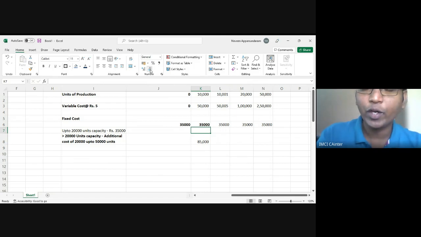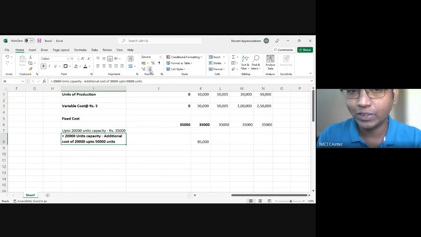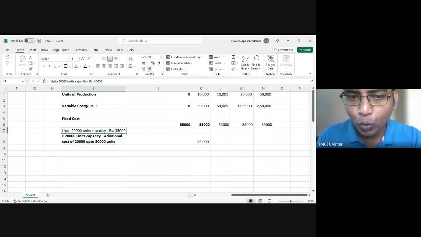See, for additional unit 20,000 units வரைக்கும் தான் என்னோட ஸ்பேஸ்ல மிஷினரி வைக்க முடியும். ஸோ நான் அடிஷனல் ஸ்பேஸ் எடுத்தாதான் அடிஷனல் மிஷினரிஸ் வைக்க முடியும். ஸோ அந்த மாதிரி கேசஸ்ல என்ன பண்ணும் அப்படின்னா, up to 50,000 units, so 20,000 up to 50,000, so extra 20,000 which has to be incurred. I have given you up to 20,000 units of capacity, 35,000 rupees.